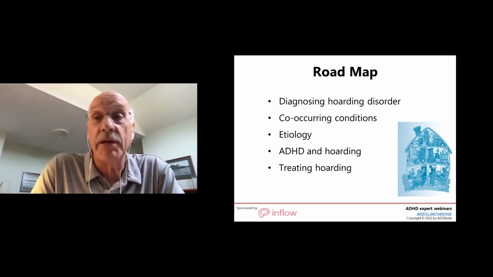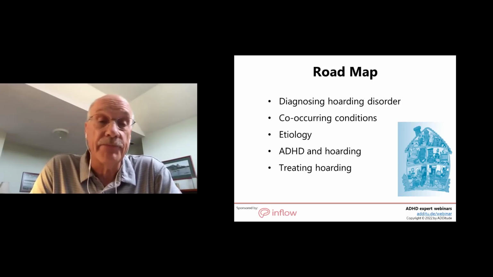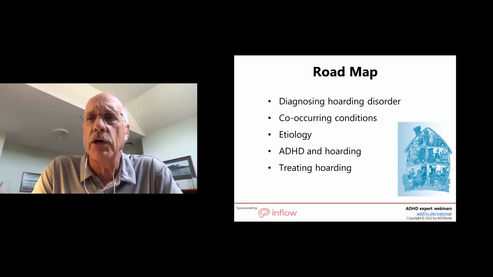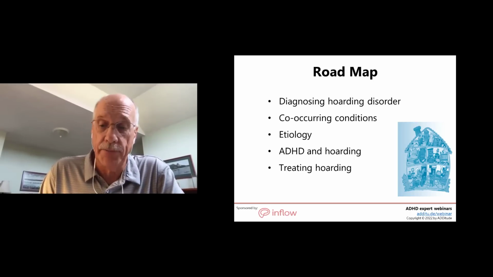And then we'll talk a little bit about the overlap between ADHD and ADHD-related phenomena and hoarding. And then we'll talk a little bit about treating hoarding, the kinds of things we do, and how those overlay a bit with ADHD kinds of issues.